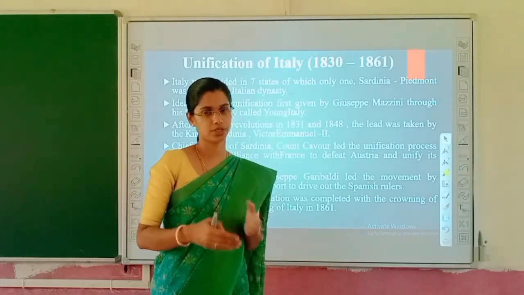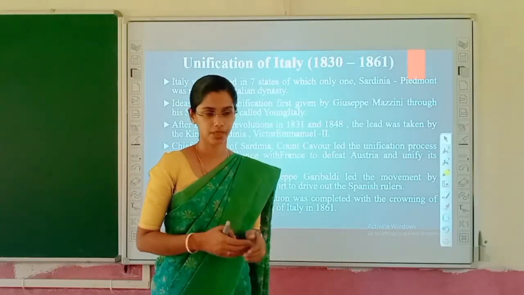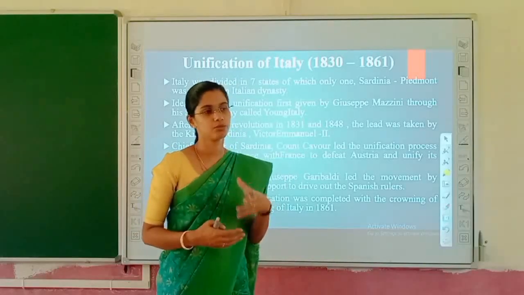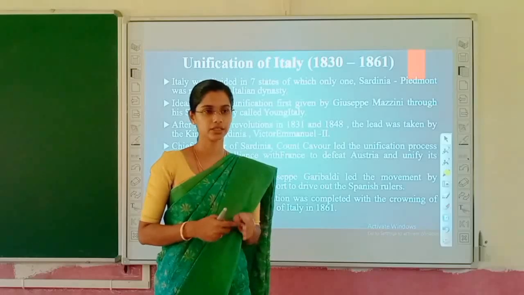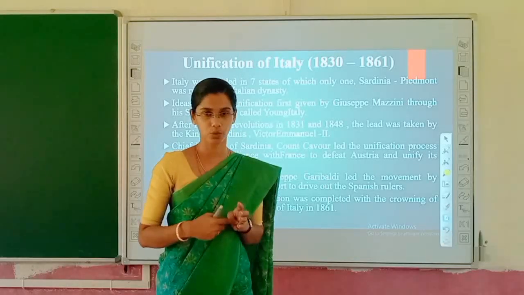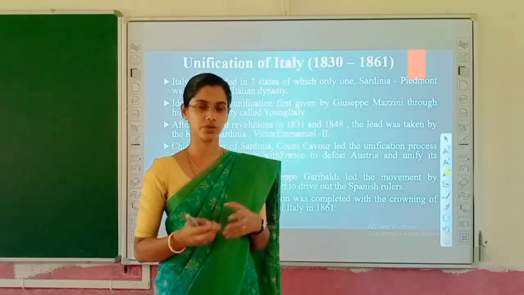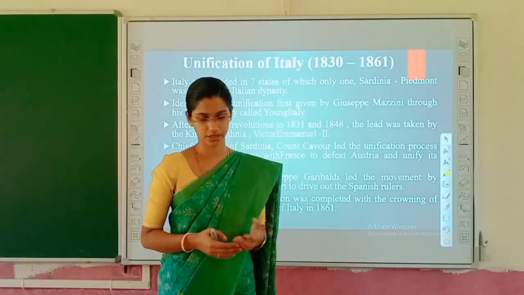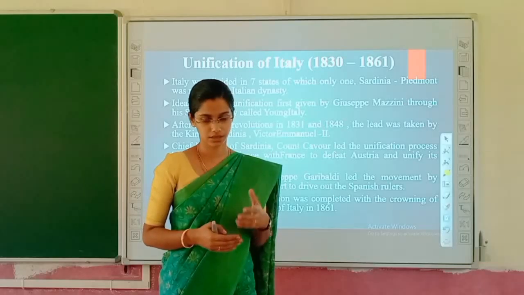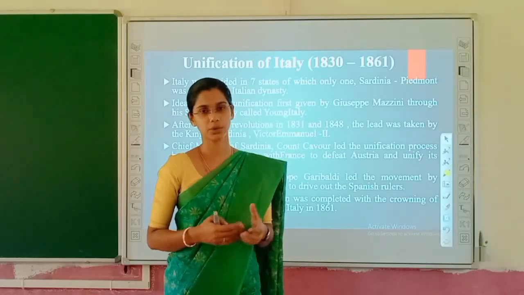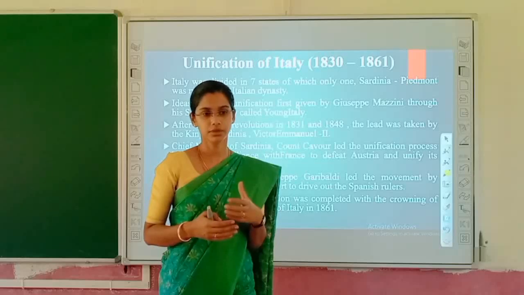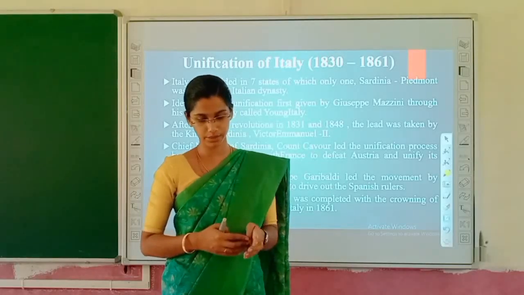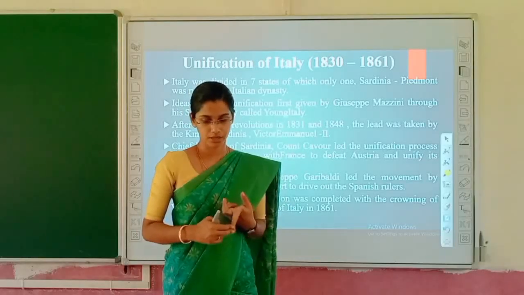But in the case of the unification of Italy, the secret society Young Italy and the uprisings of 1831 and 1848 failed, and at last even the ruling elites wanted a unified Italy, because at that time they got economic development and political dominance.